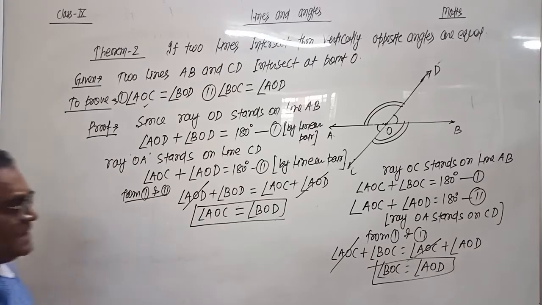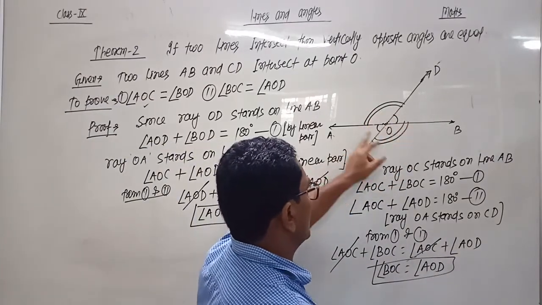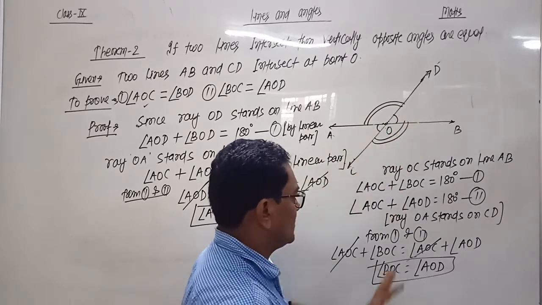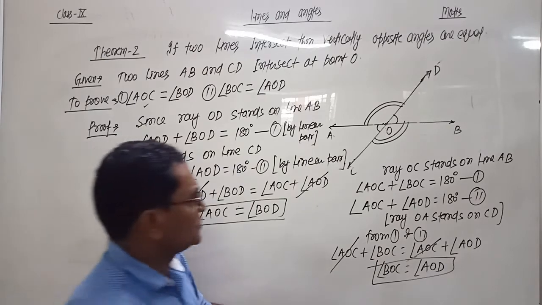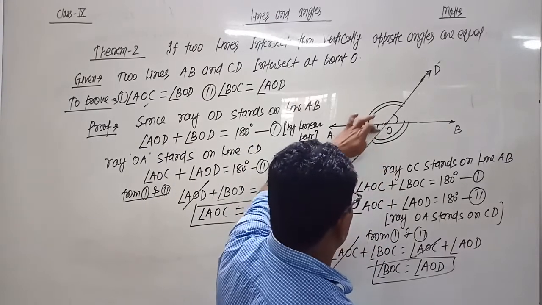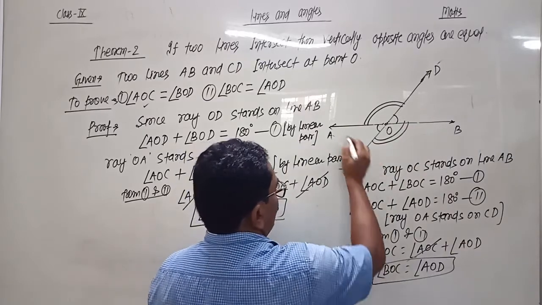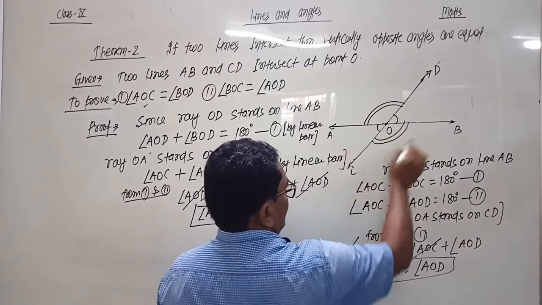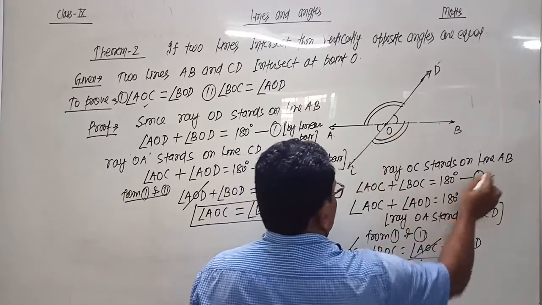So if two lines intersect at a point, then the vertically opposite angles must be equal. For the second part, we suppose that ray OC stands on AB. Therefore, angle AOC plus angle BOC is 180 degrees.